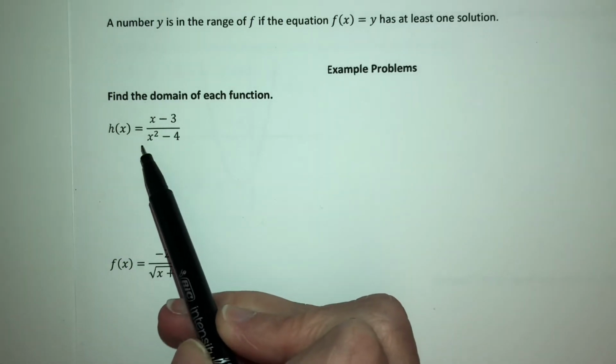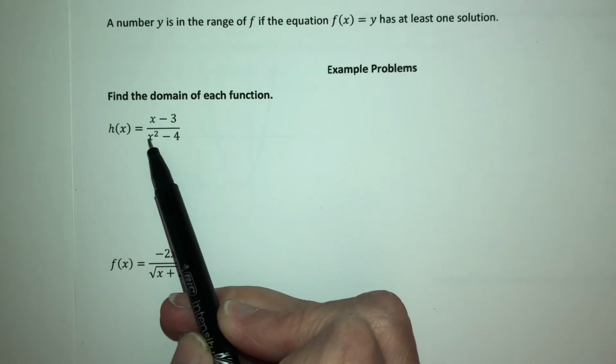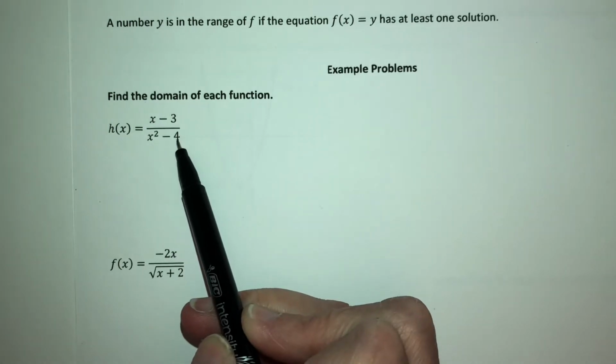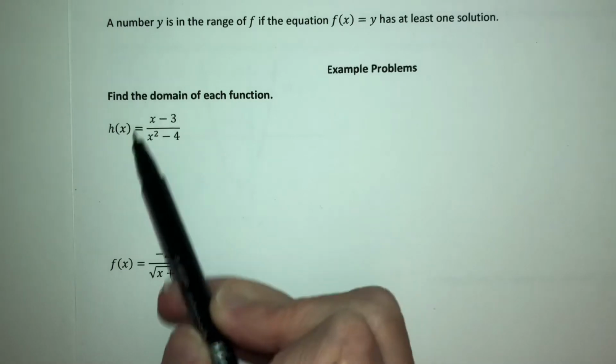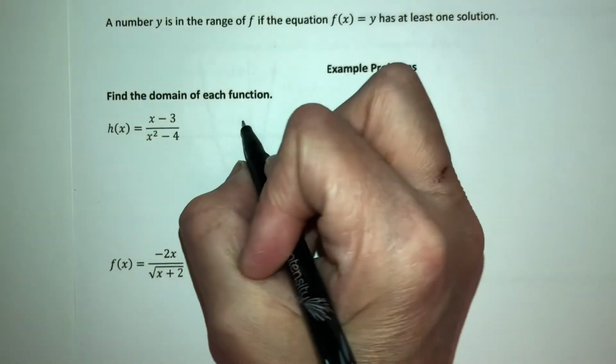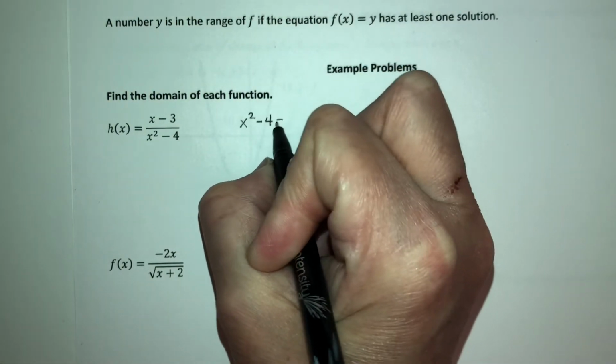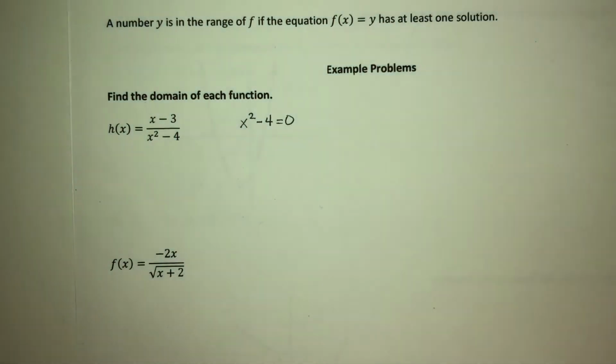The only thing I have to worry about is plugging in a value here that when I square it and subtract 4, gives me 0, because then I'm going to end up needing to divide by 0, and that's a problem. So what do we do? We take the denominator, whatever it is, and we set it equal to 0, because that's the one thing we cannot have happen. So we need to figure out where that happens.